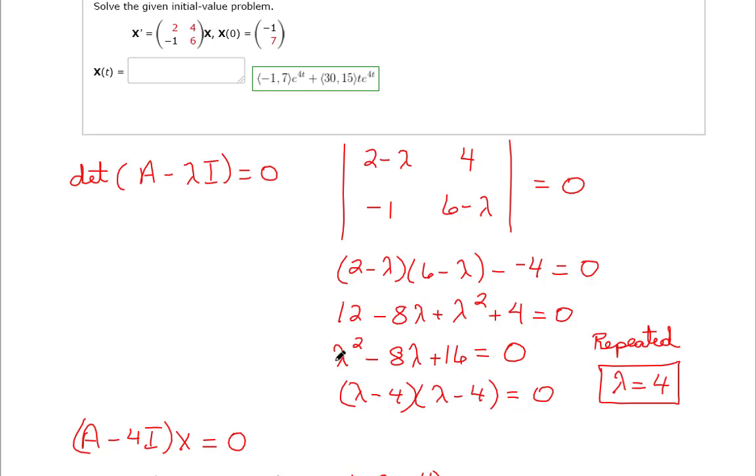And so what I end up with is this characteristic polynomial. I see that I've got a repeated root, and so that says lambda is 4. Now that by itself is not bad. If we can get two eigenvectors that would go to that eigenvalue. Well, let's see.